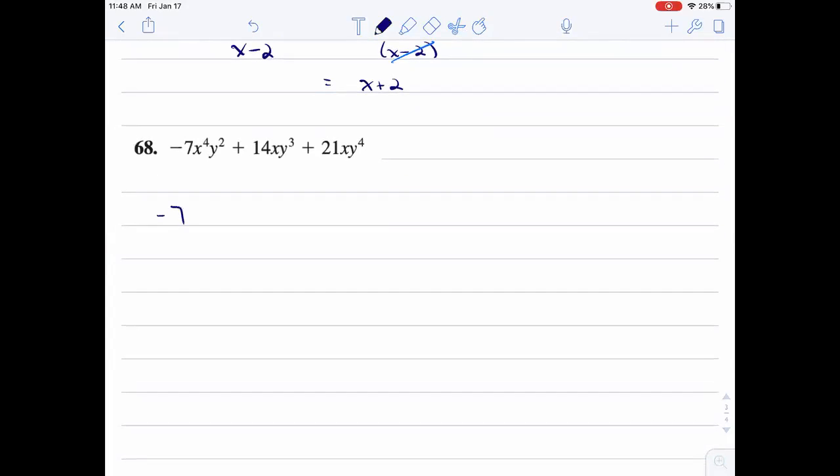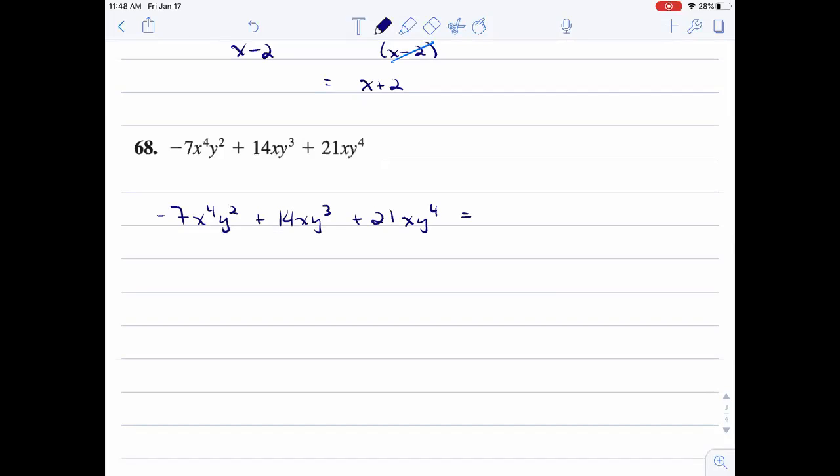So if we've got negative 7x to the 4 y to the power of 2 plus 14x to the power of x times y to the power of 3 plus 21xy to the 4th, I'm going to say that that's equal to, and now I'm just going to look and see.